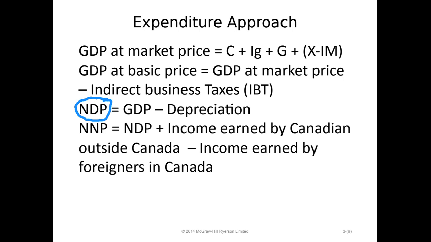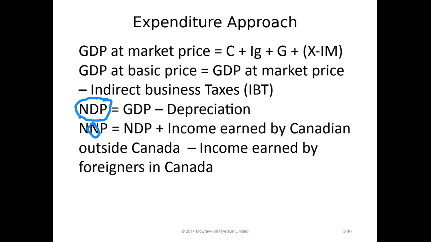If I convert this NDP to NNP, the middle N is net national product, not domestic, national. What is the difference between domestic and national? Domestic means production within the country, doesn't matter whether it is by Canadians or non-Canadians.